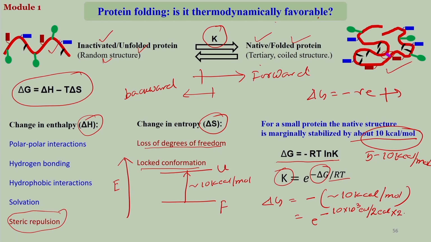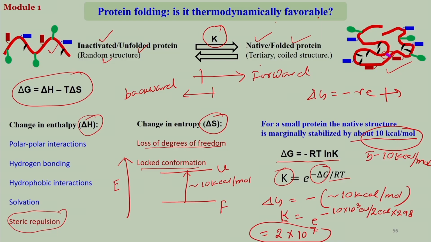Room temperature is 298 Kelvin. So, this value will come down to around 2 into 10 to the power 7, that is K. So, K equals 2 into 10 to the power 7.